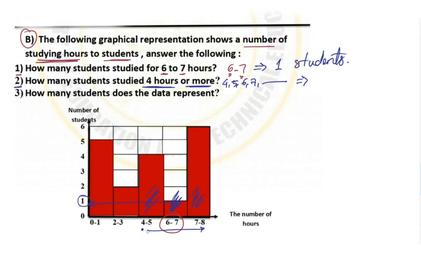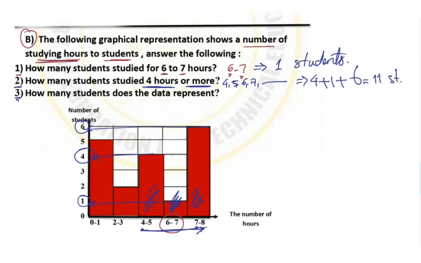All are 4 or more. This interval we have 4 plus this interval 1. Last interval here we have 6. 4 plus 1 equals 5 plus 6 equals 11 students.